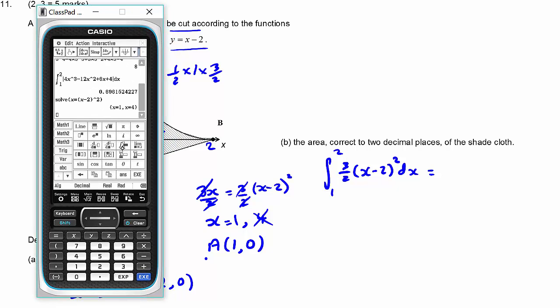So we have got the integral from 1 to 2 of 3 over 2, open up a bracket, x minus 2 squared dx, and execute, and that gives us 0.5.